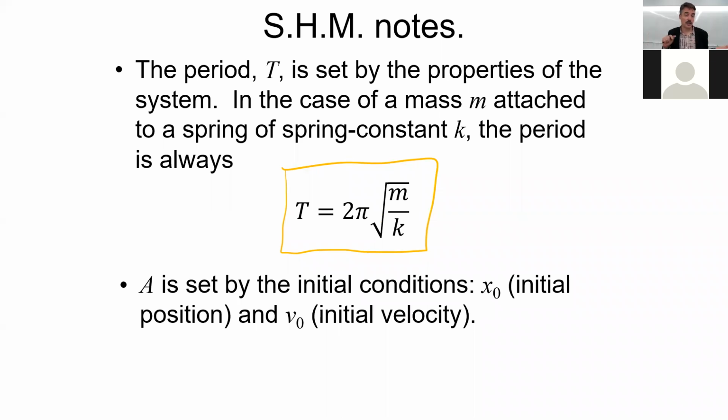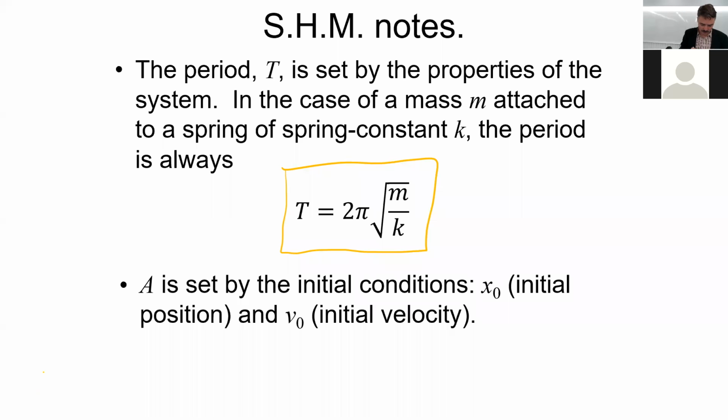Whatever your initial x value was and your initial v value was, that's going to determine what the A is. So it's sort of two different things here. There's the properties of the system, like how much does it weigh, how stiff is the spring, you can't really change those. And then there's the initial conditions, which is, did you kick it? Did you drop it on the floor? Did it start with some velocity? You know, what did you do to it to get it going, to get it started?